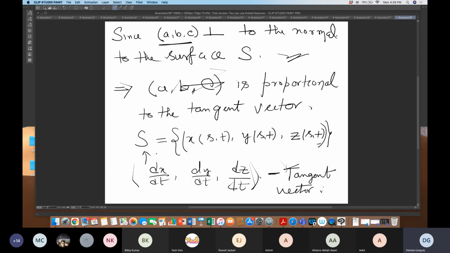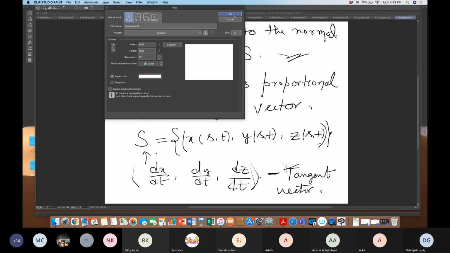Tangent vector. Okay. So now this tangent vector is proportional to (A, B, C). What does it mean?